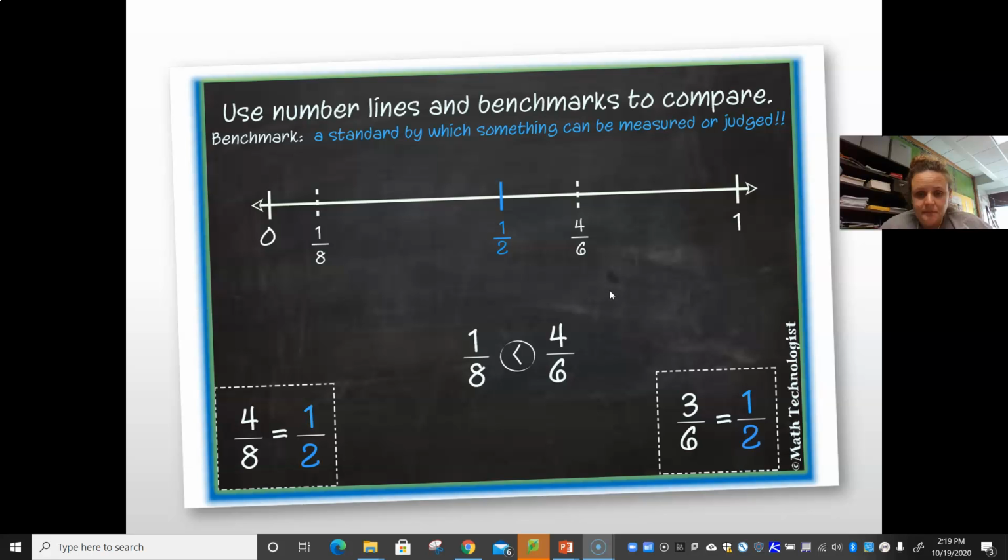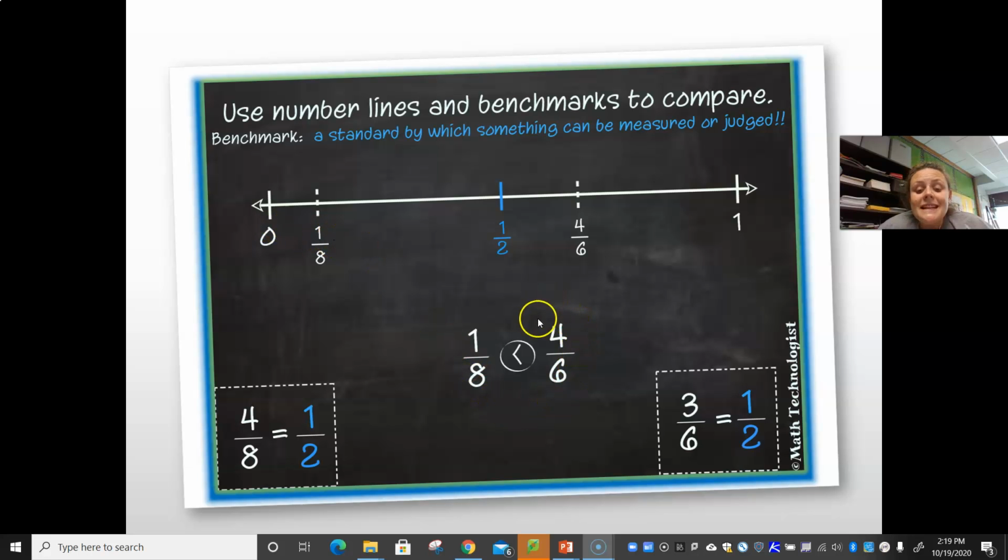So if we think here, eighths, how many eighths would be equivalent to a half? Well, we need the top number to be half of the bottom. So 4/8 would be equivalent. So this is much smaller than a half. In fact, it's really close to 0 because we only have 1/8.